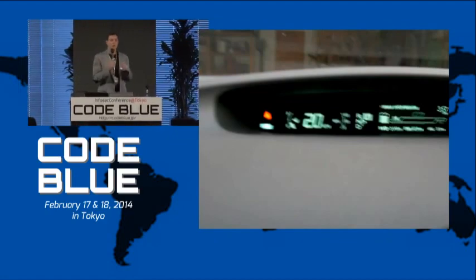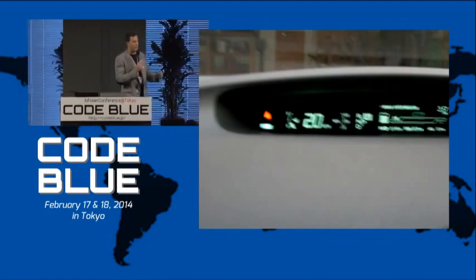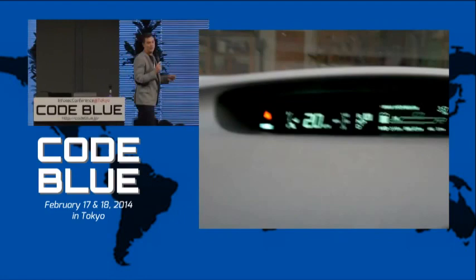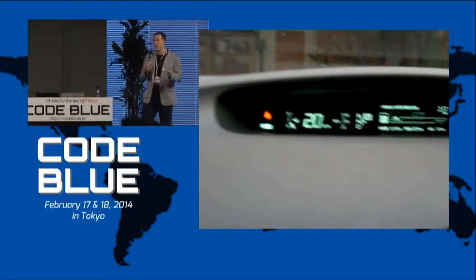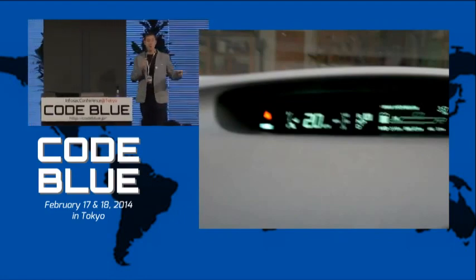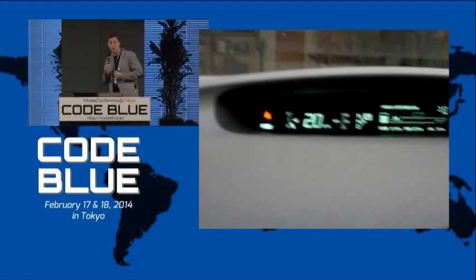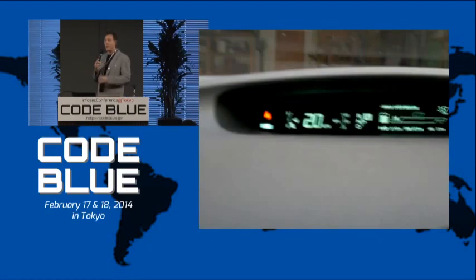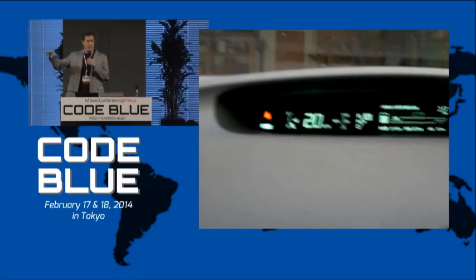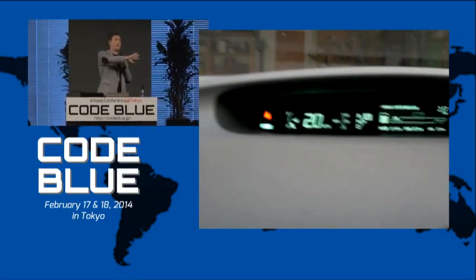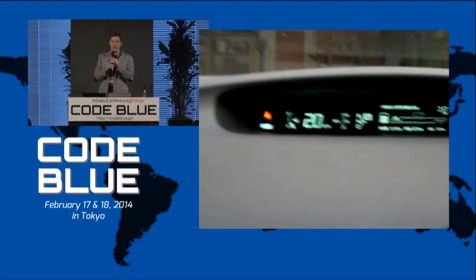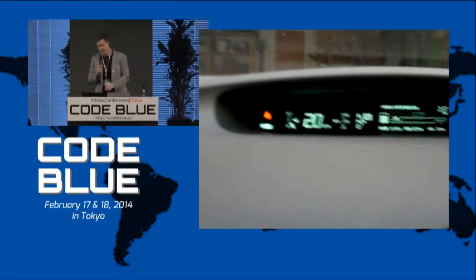Not only were we tricking the speedometer into thinking it was going 20 miles an hour, but every other ECU on that car that is dependent on listening to speed also saw that the car was going 20 miles an hour. That's why it said, hey, put your seatbelt on. You must be going 20 miles an hour. So while you may send a message that will affect one thing, it could actually affect many things since they're all on the same broadcast bus.